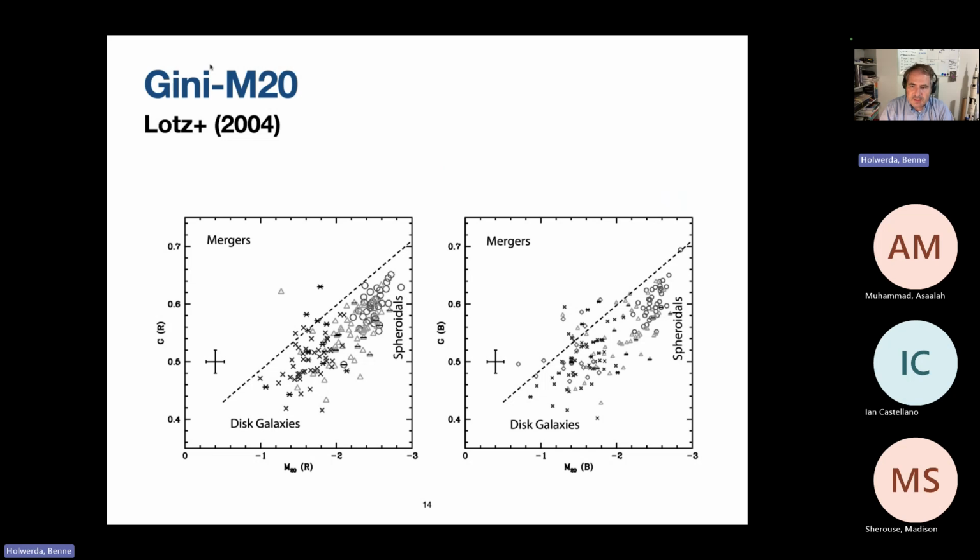She had disk galaxies and spheroidals, with M20 on the x-axis and Gini on the y-axis. The spheroidals, the elliptical galaxies, sit at the top right, just below the dashed line. The disk galaxies sit at the bottom, and if you go over that line, you're basically talking about merging galaxies, ones that look really perturbed.